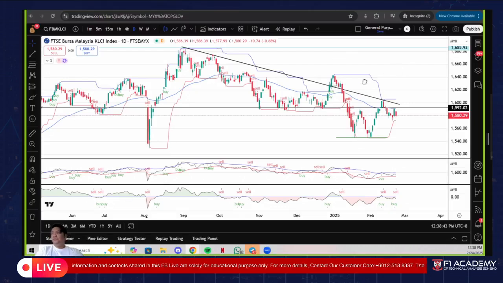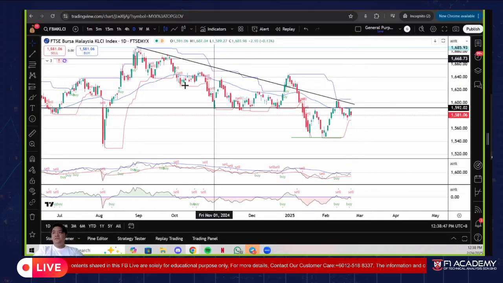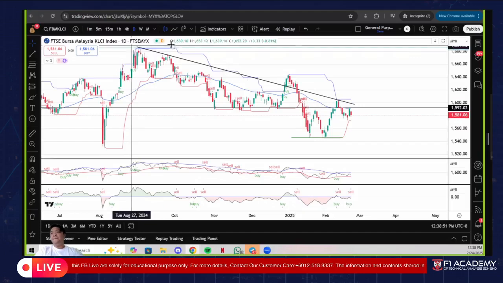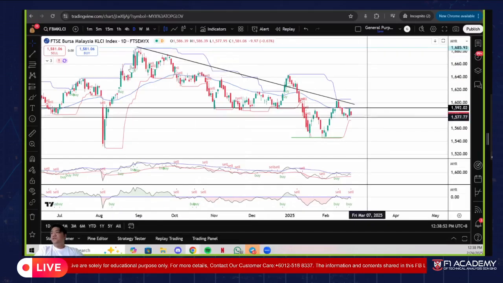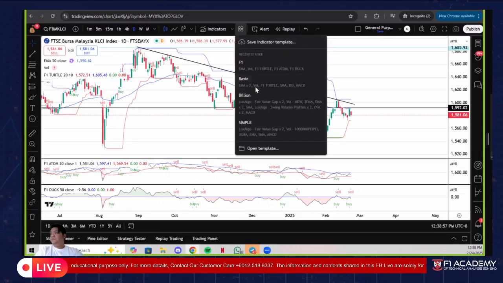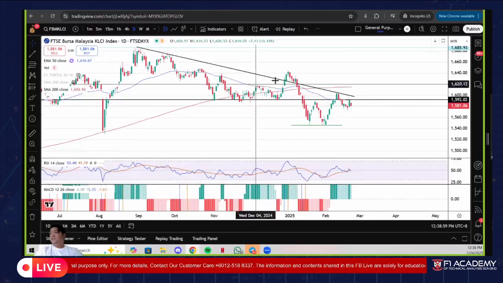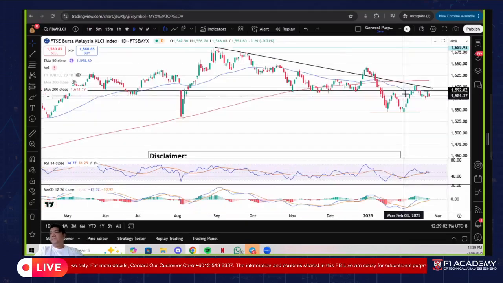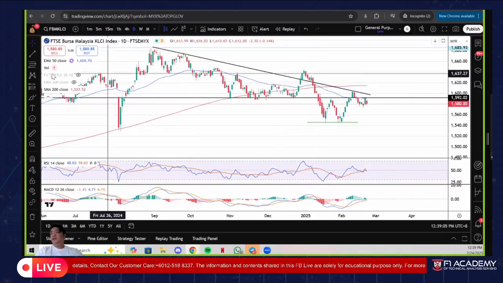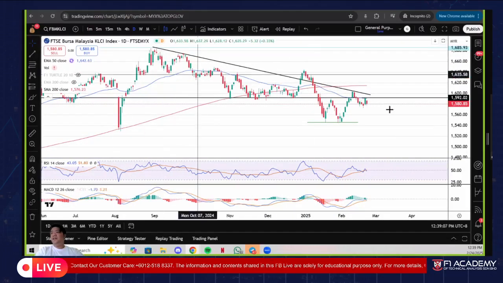Okay, just a quick recap to let you see the market. Like I said, the KLCI is currently still in a bearish phase, in a downtrend, as you can see. The blue line is the EMA 50 and the red line is the SMA 200.